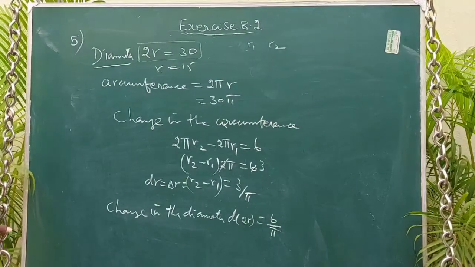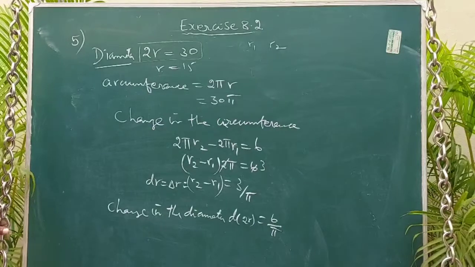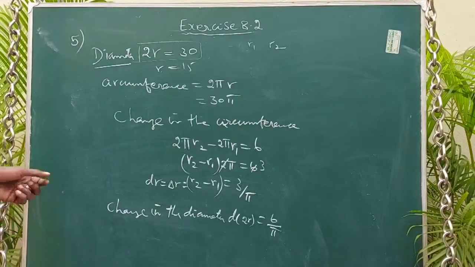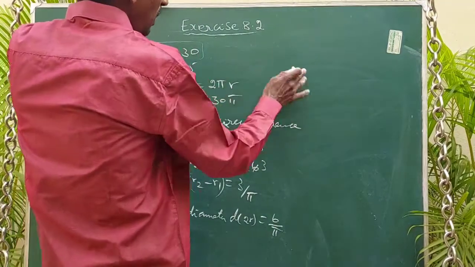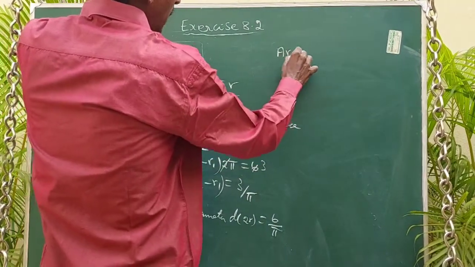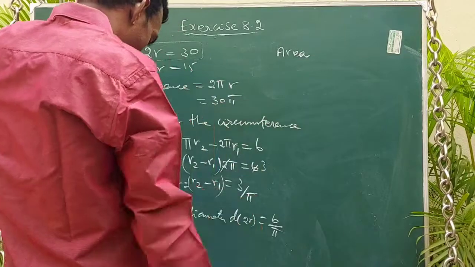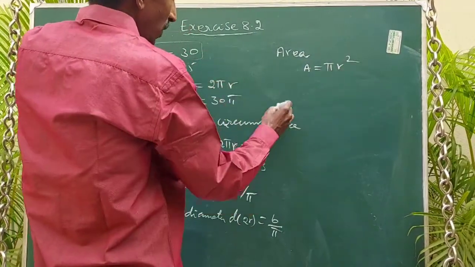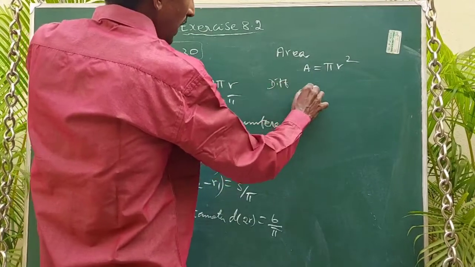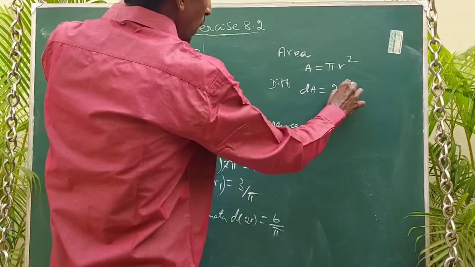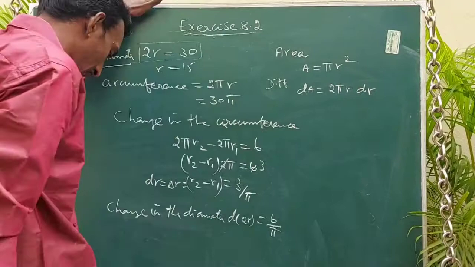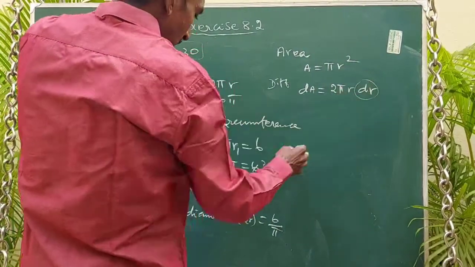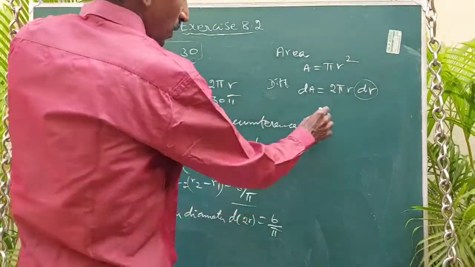So second subdivision, what is the percentage increase in the area of the tree's cross section? So tree's cross section is a circle. So area of the circle, formula everybody know that A equal to pi r square, differentiating, dA equal to 2 pi r into dr. So already we know that dr is already calculated 3 by pi.